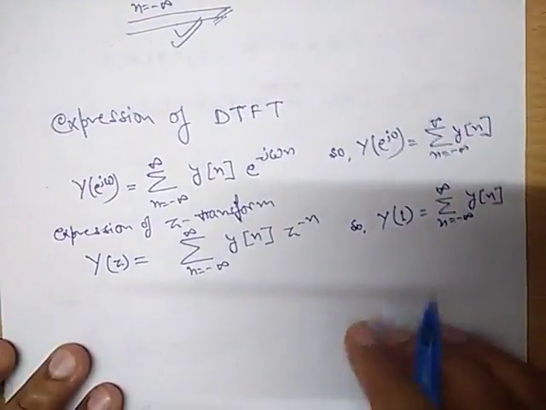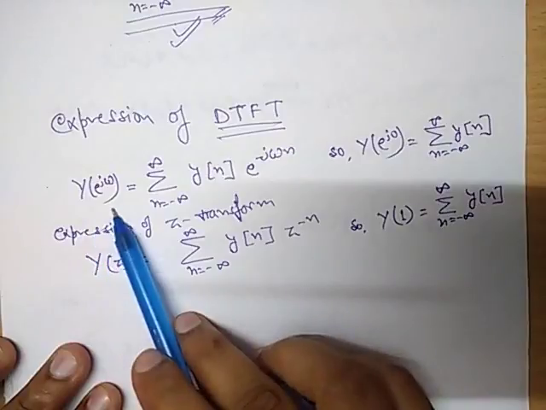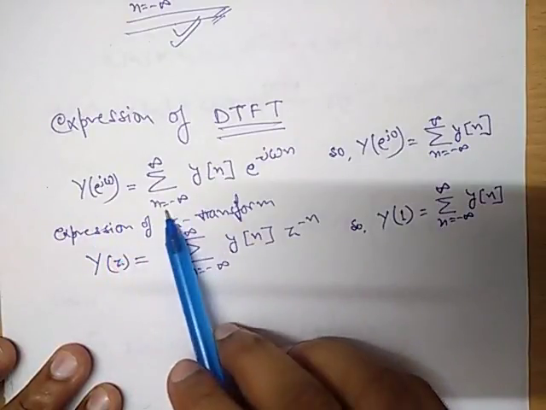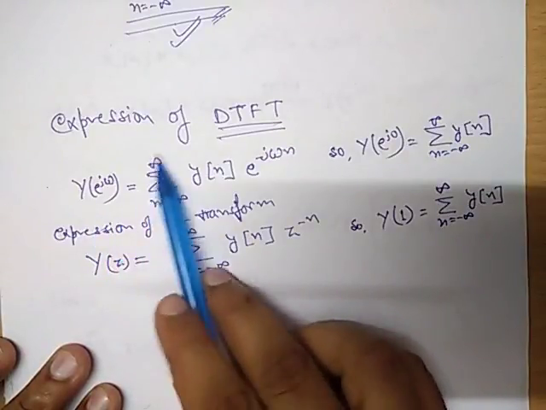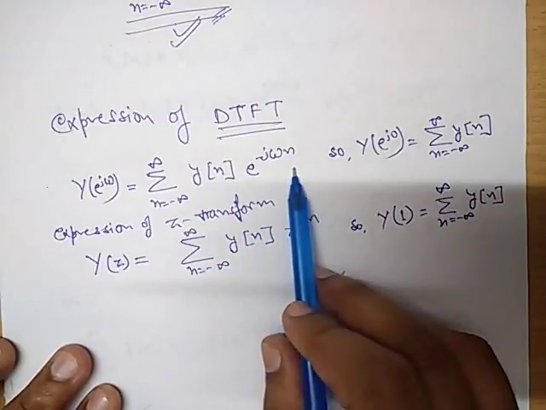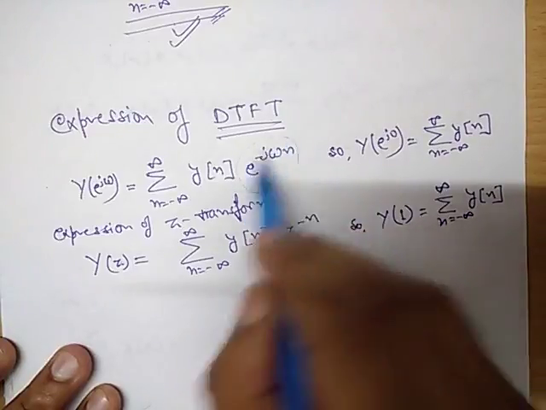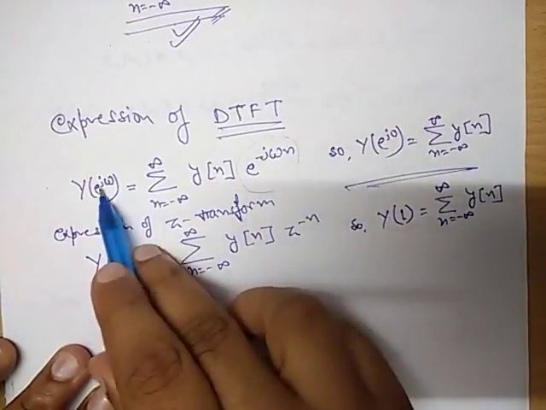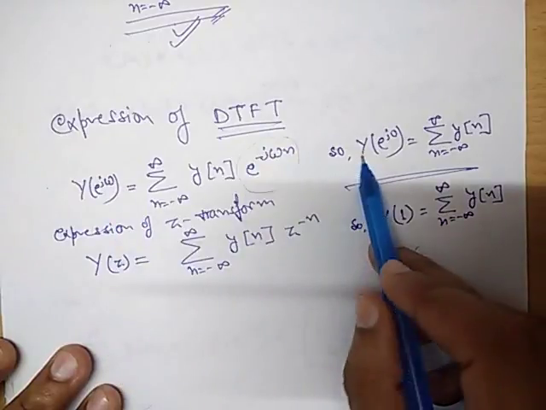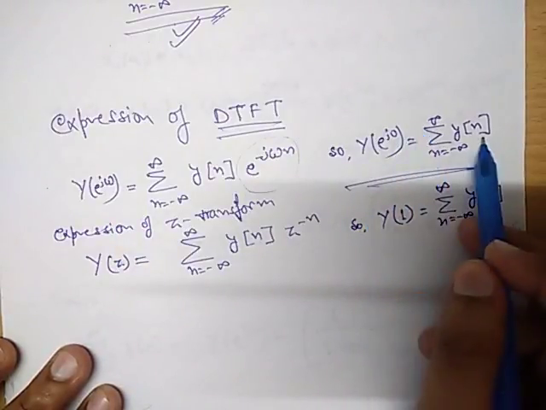The expression of DTFT is written as Y(e^{jω}) equals the summation from n equals minus infinity to infinity of y[n] e^{-jωn}. Here if we put ω equals 0, the term becomes 1, and Y(e^{j0}) equals the summation from minus infinity to plus infinity of y[n].